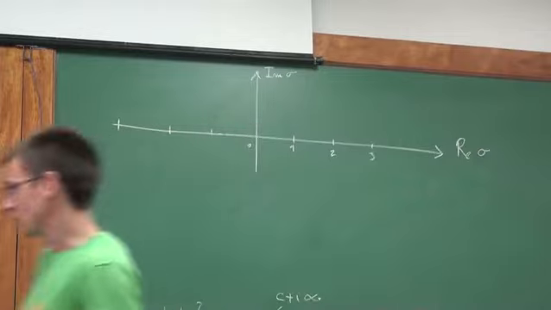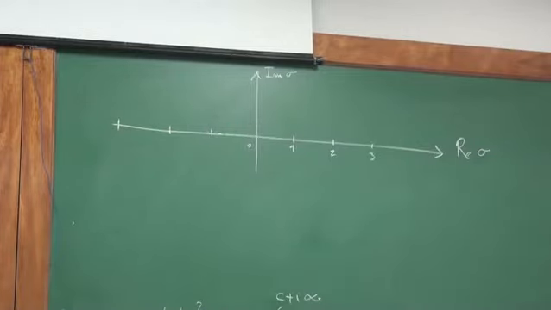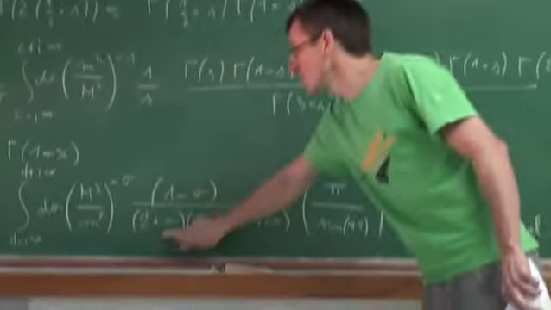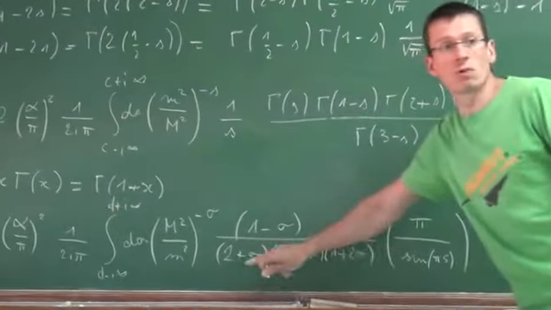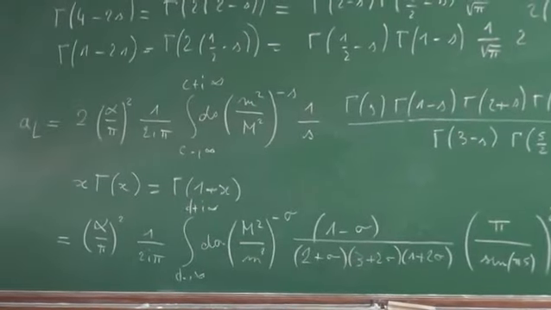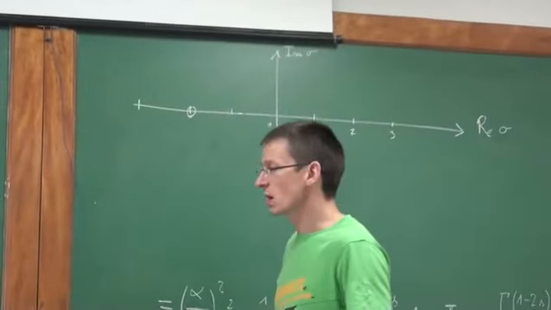And I see that, for instance, this will give me a singularity at sigma equal to -2.